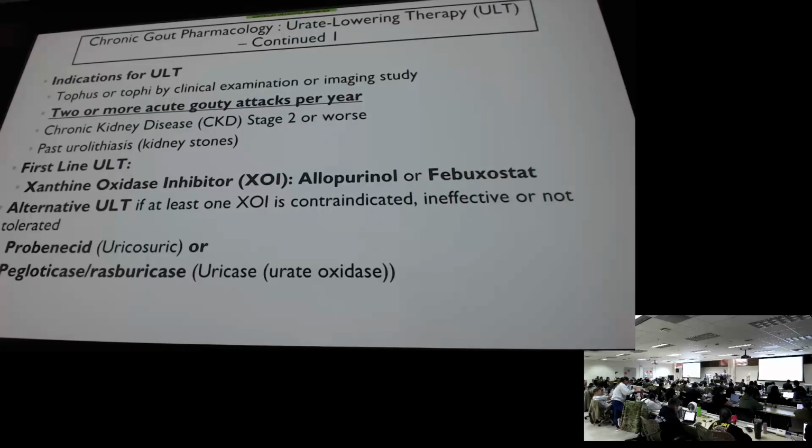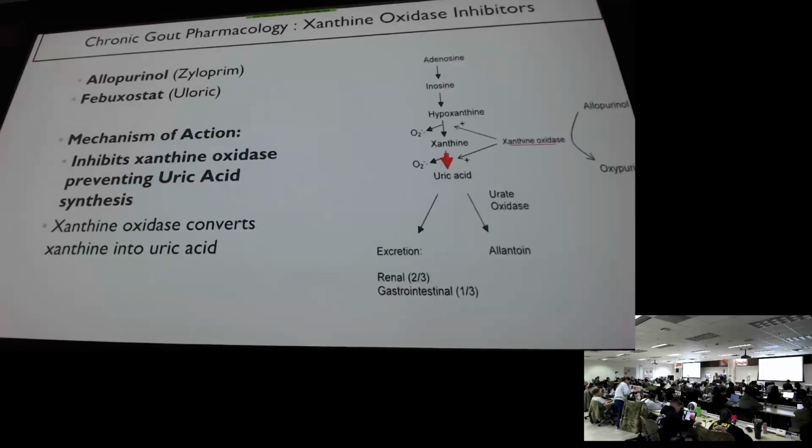And then finally, the uricase, which is an actual enzyme that converts uric acid to another metabolite in the body. And that's an IV option for severe cases. So the pegloticase is for severe refractory gout.